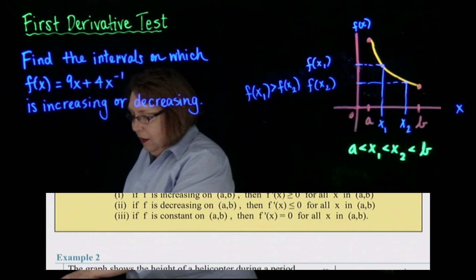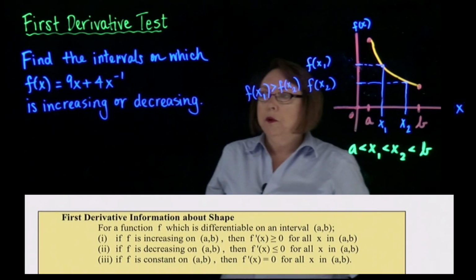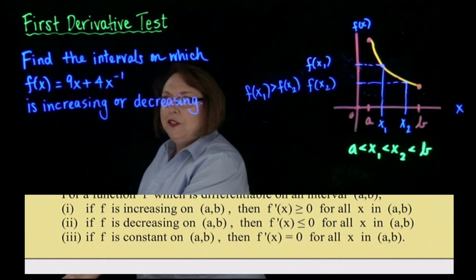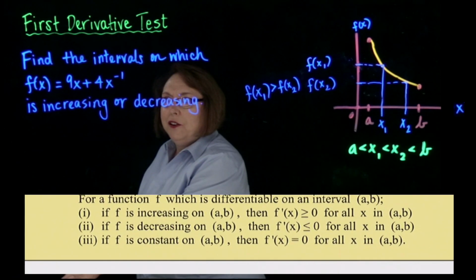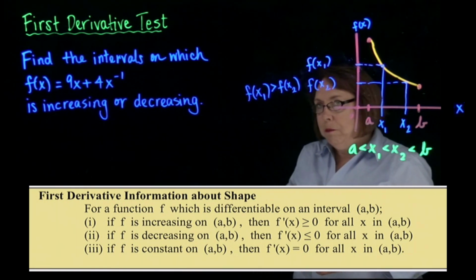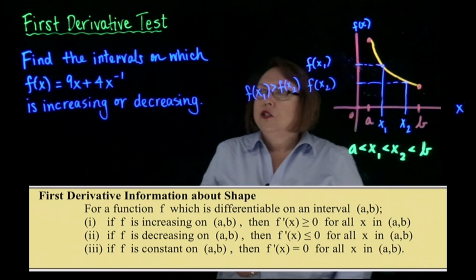So a little bit farther on in our textbook, let me make it a little bigger. So we have some interesting and good information we can get from the first derivative about the shape of a function.